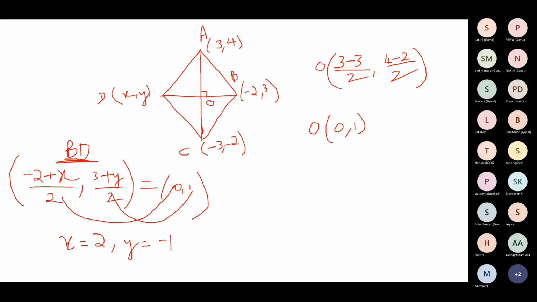Yes, Shakti, please read out what you've worked. Ma'am, I have directly equated x minus 2 by 2 is equal to 3 minus 3 by 2, and I got x is equal to 2. Similarly, I directly equated both, ma'am, as well. Both are midpoints, by using that midpoint here.